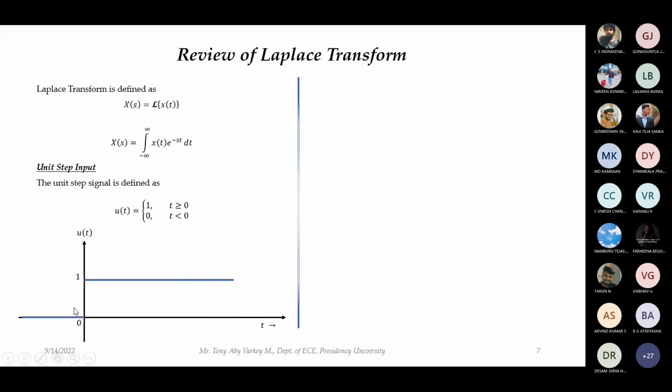Now, can you find out the Laplace transform of the unit step signal? Do you remember it?